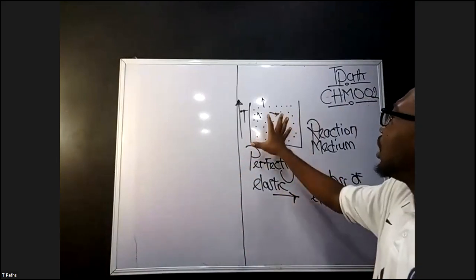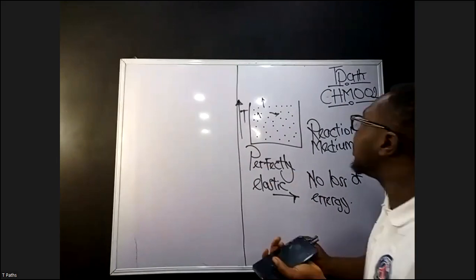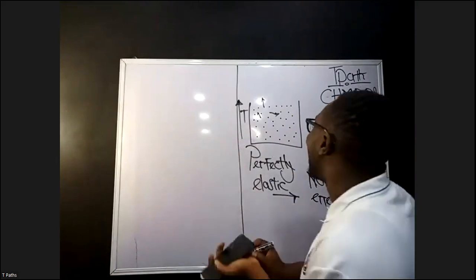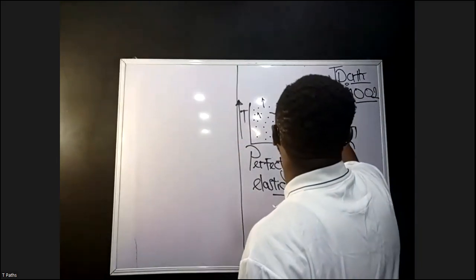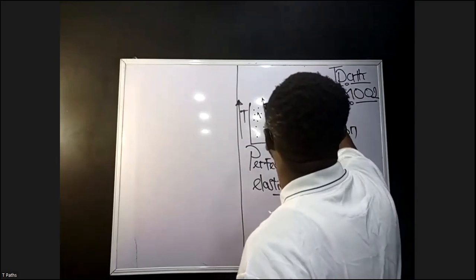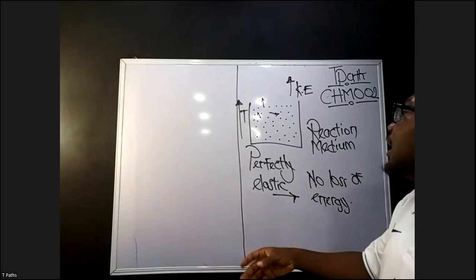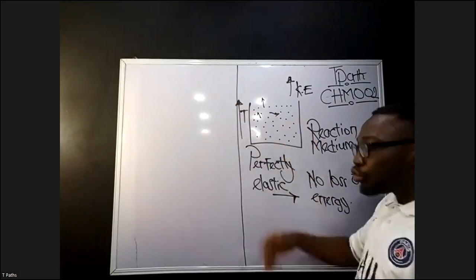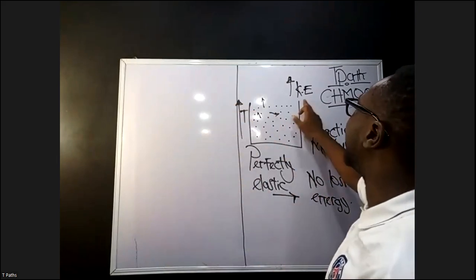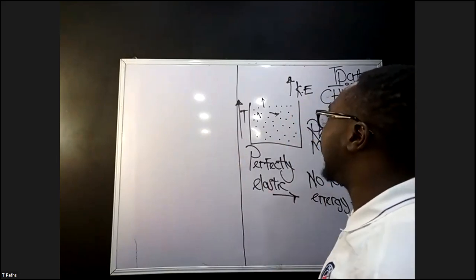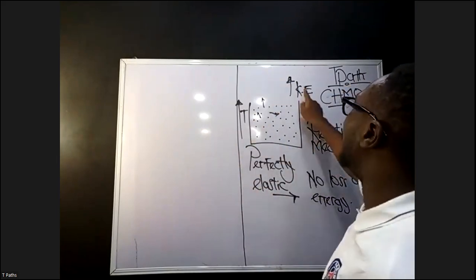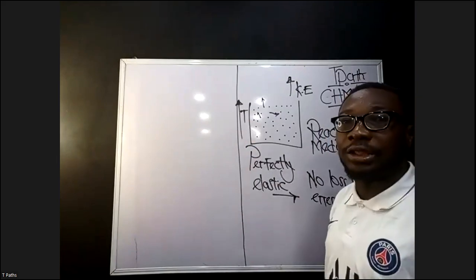And when they collide with one another, we observe that there's an increase in what we call kinetic energy. And let's recall, what is kinetic energy? That is the energy of motion. So when these particles move, there is an increase in what? Kinetic energy. So an increase in temperature will increase what? Kinetic energy. Please let's note that.